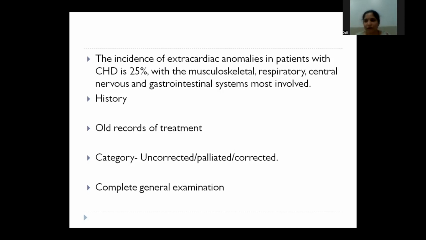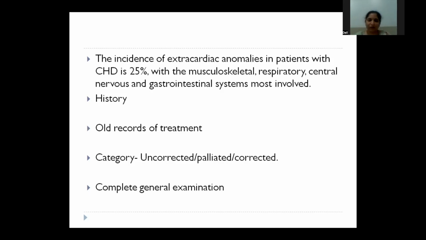We should go through all records of treatment, the frequency of hospitalization, recurrence of respiratory tract infections, and episodes of congestive heart failure in case of large VSD. They will all tell us about the severity of the disease.